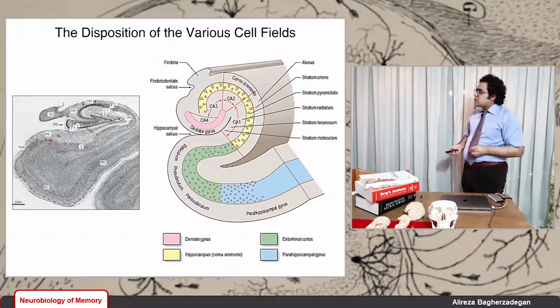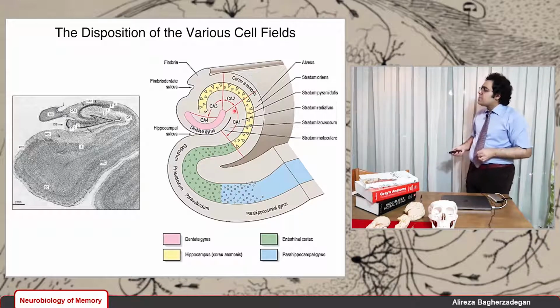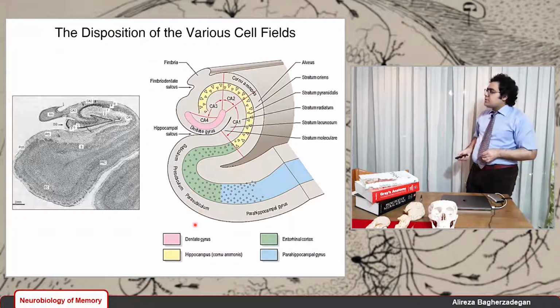This is the same structure, but a schematic one. So we have the parasubiculum, presubiculum, and subiculum, and then we have these different layers of the hippocampal cortex. So the outer layer is just the alveus.